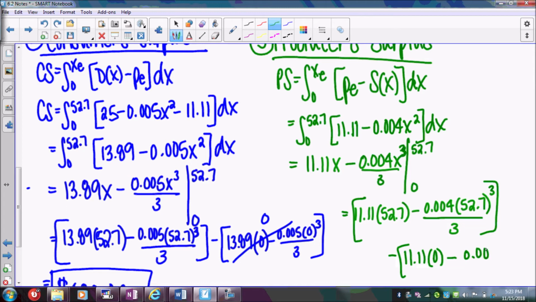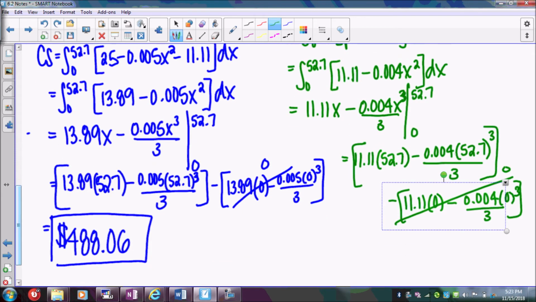And then again, another number times 0 to the third. So it's just going to end up being 0. So that just goes away. And then when you type this in, you get a number for that. I ended up with $390.35. Again, it's an estimate.